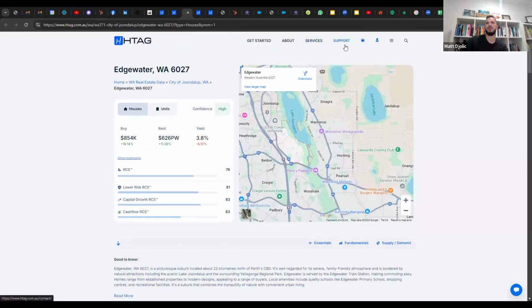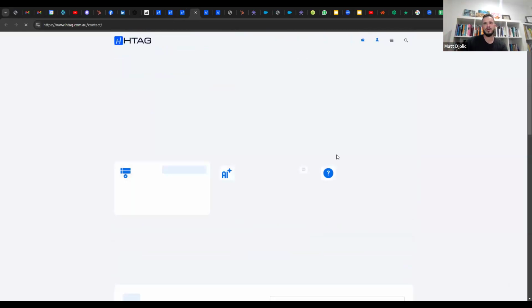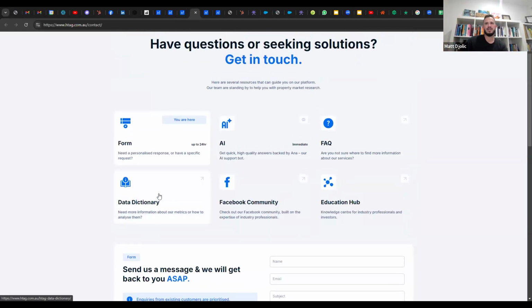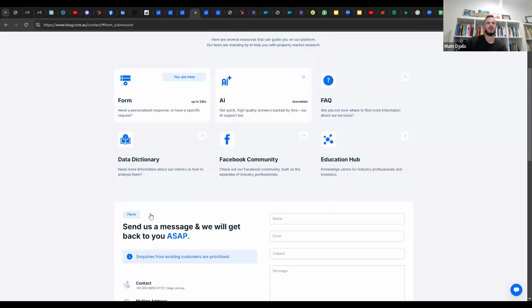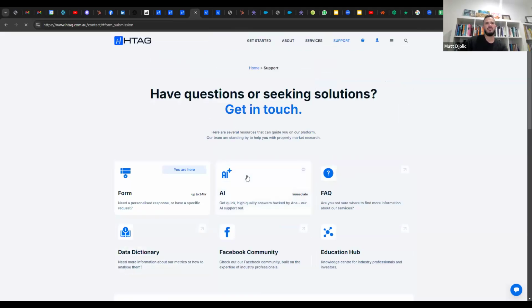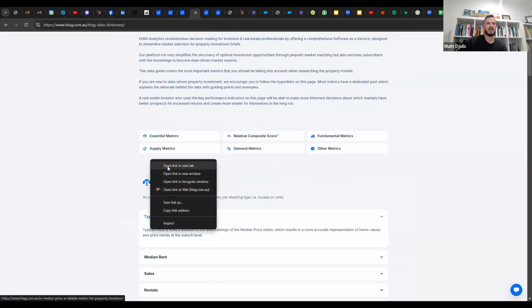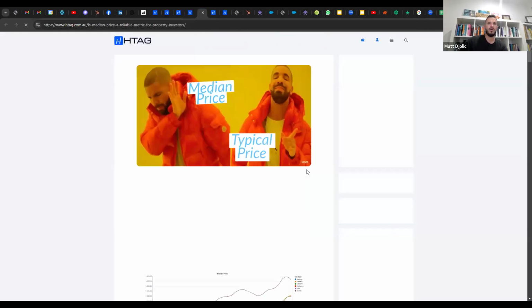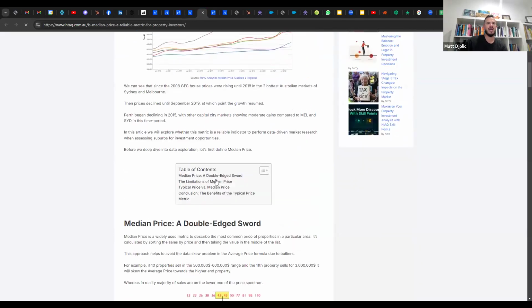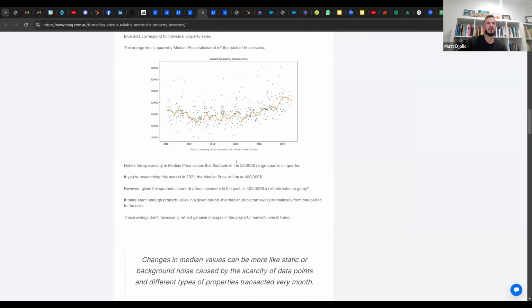There's also support. If we're talking about the platform only, there's a data dictionary and an educational hub. In the data dictionary every metric is explained, and every metric is hyperlinked, so there are academic articles written on what each metric constitutes and how we've come to that metric. So you actually know more.